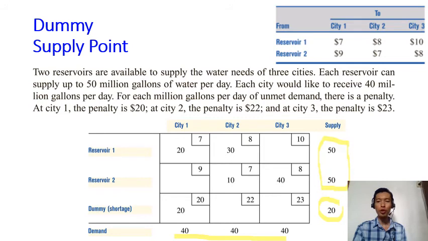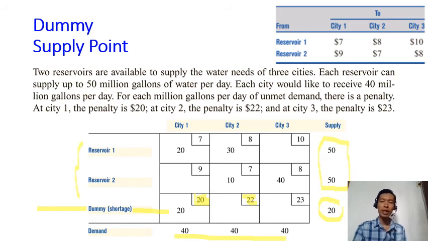So now our supply capacity becomes 120, including the dummy. But remember, the dummy point is just something that does not exist. So that's why the cost of sending the water from dummy to each city, the cost here is the penalty of shortage of the demand that can be met from the real reservoir.